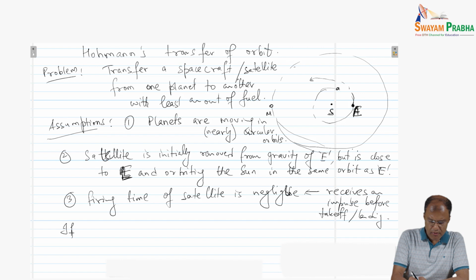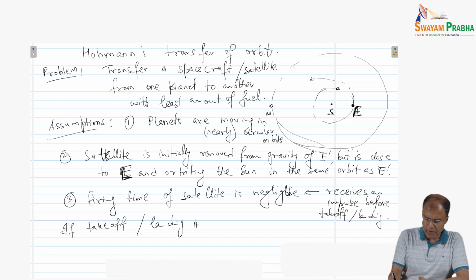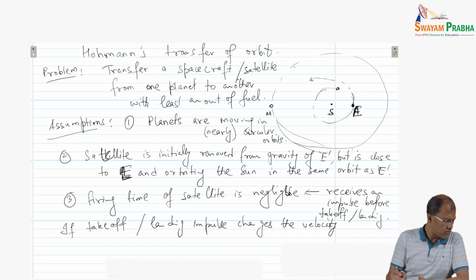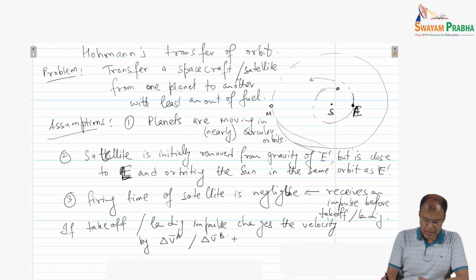So if my takeoff and landing impulse changes the velocity by delta VA and delta VB, then my total impulse is delta VA plus delta VB, right?